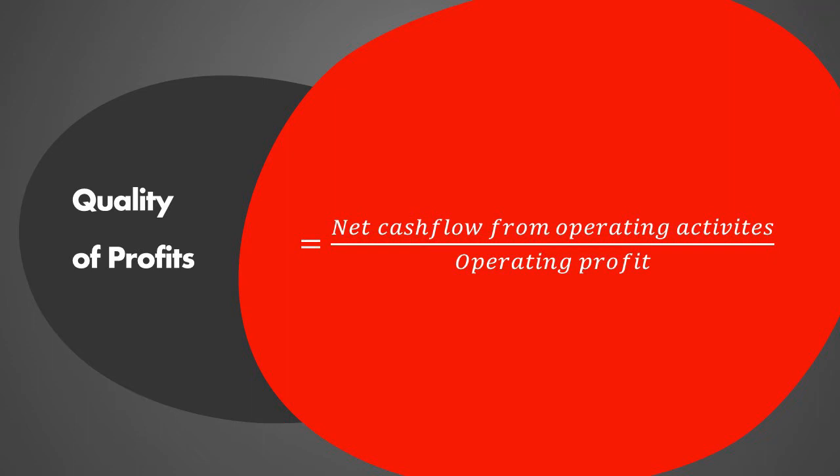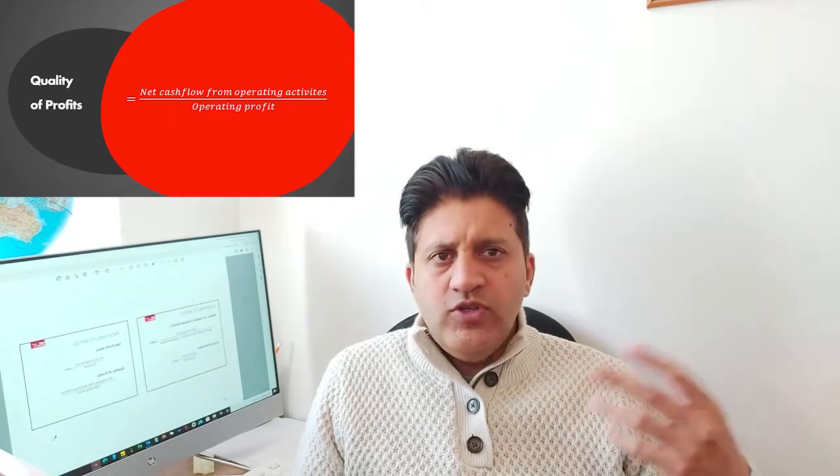By standard, the result of this ratio should be 1:1. So if you are showing a profit of 1 million in your income statement, the actual cash which you have generated from that should also be 1 million.